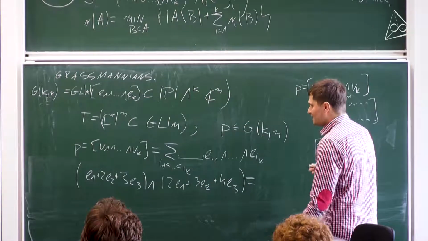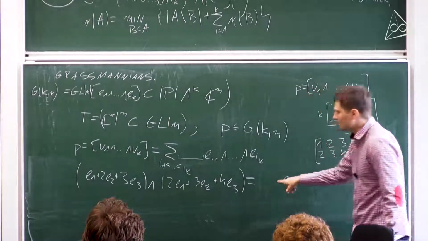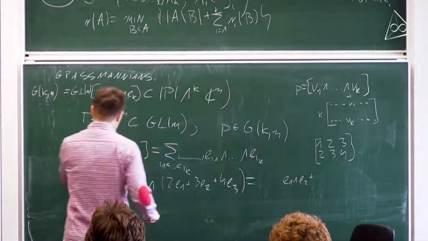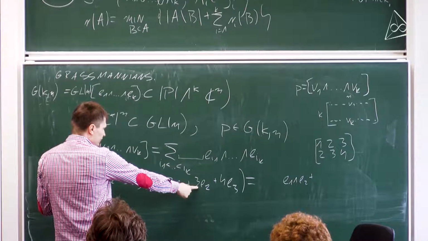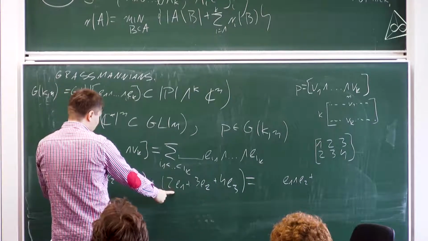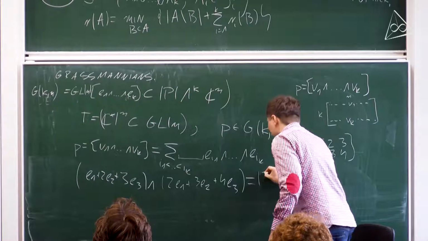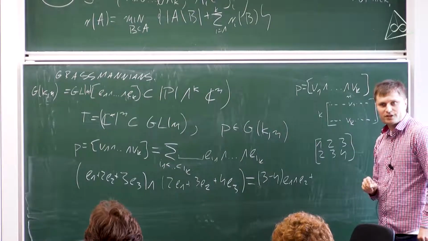And now I can ask, what's the coordinate of e_1 wedge e_2? Well, there is e_1 wedge e_2 with coordinate 3, and there is e_2 wedge e_1 with coordinate 4. So it's 3 minus 4. Do you agree? Do you see it?